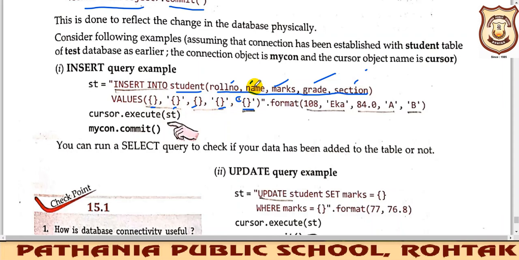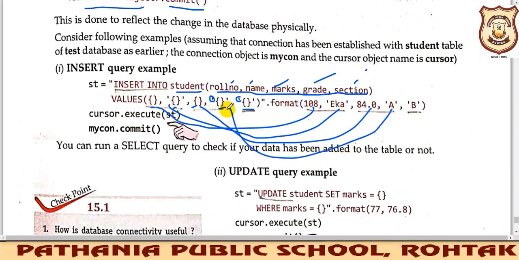Because name will be a string, grade will be a string, section will be a string. So 3 times we have used single quotes. And dot format, then the values of these particular placeholders. So 108 will be written here, Eka will be written here, 84 will be written here, A will be written here, and B will be written in this particular space.